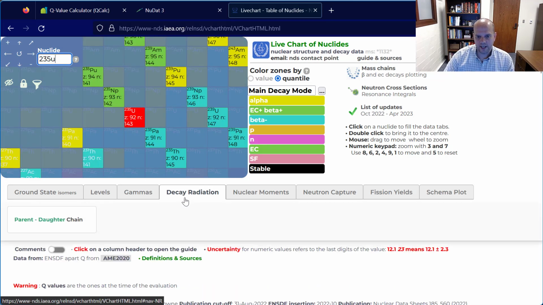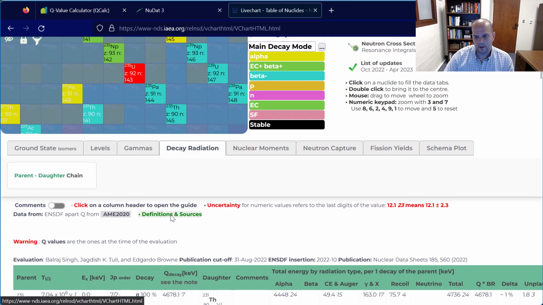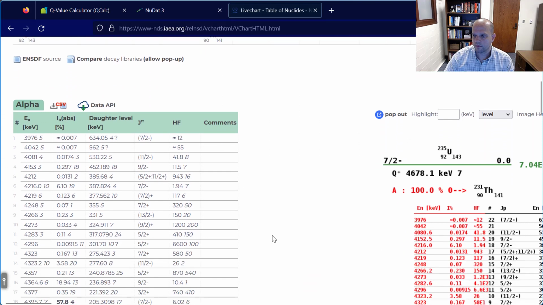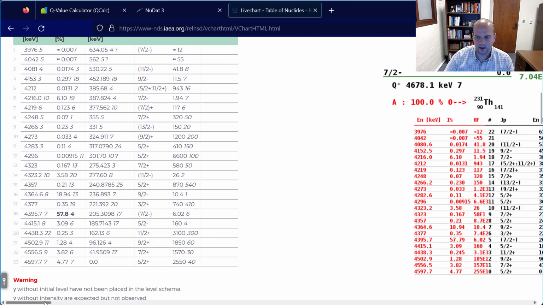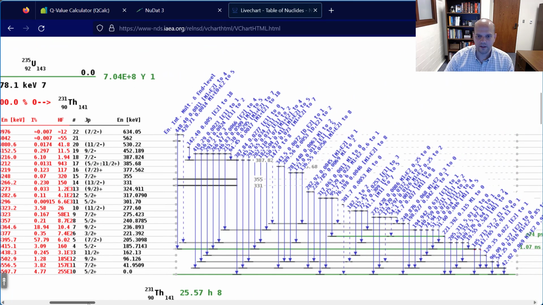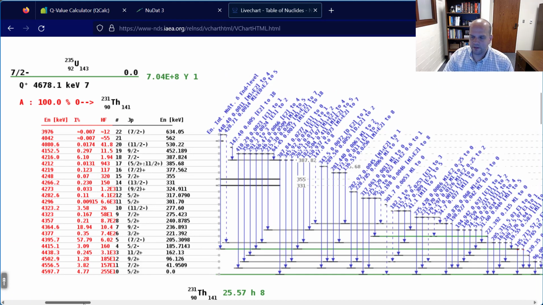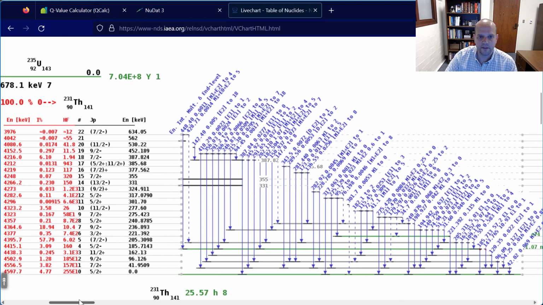And the decay radiation tab here is showing us that there are a lot of levels here. And so what looked fairly simple and straightforward for cobalt-60 is much more complicated for uranium-235.